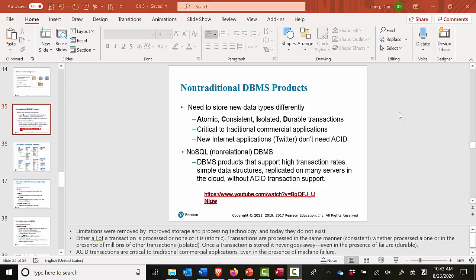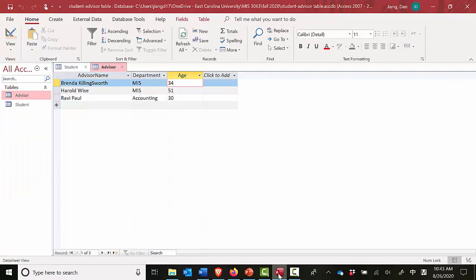The reason for that is because there are new types of data nowadays. For example, videos, images, audios, even social media data such as social network data. They cannot be processed by the traditional DBMS products such as Microsoft Access.